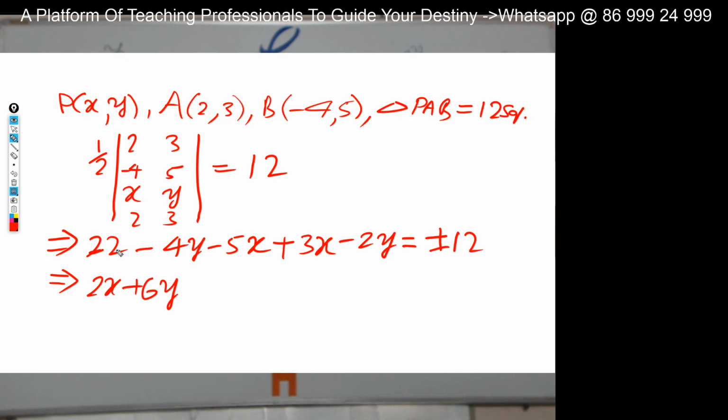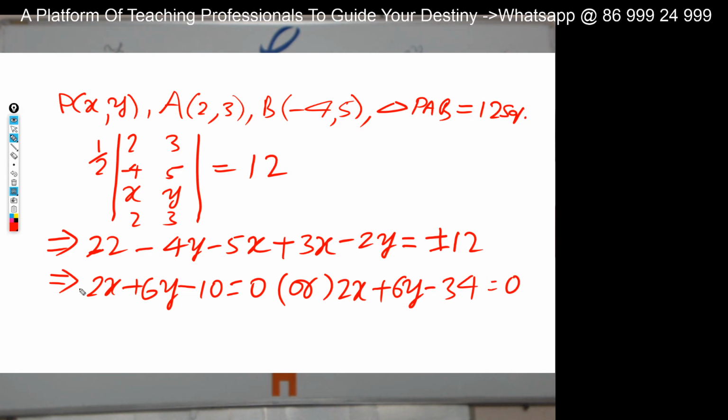This is plus 22. Brought this side minus 22. 12 minus 22 minus 10 equal to 0. Or 2x plus 6y minus 12 minus 22 minus 34 equal to 0.